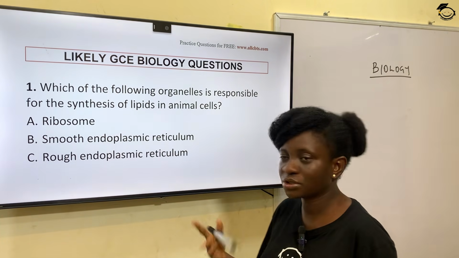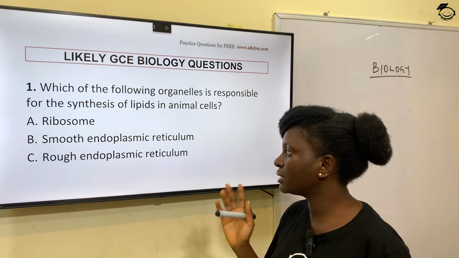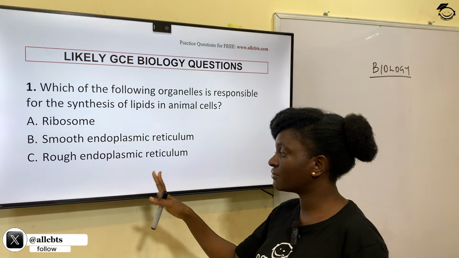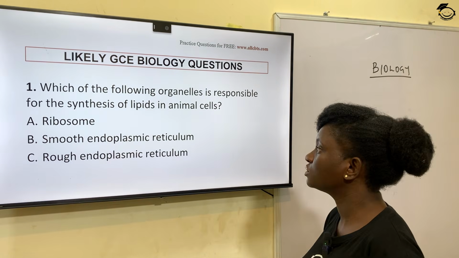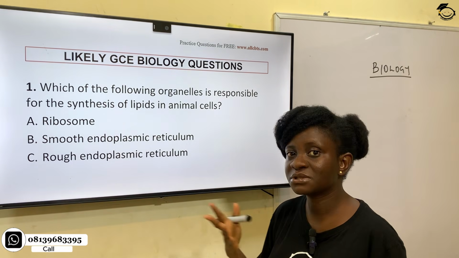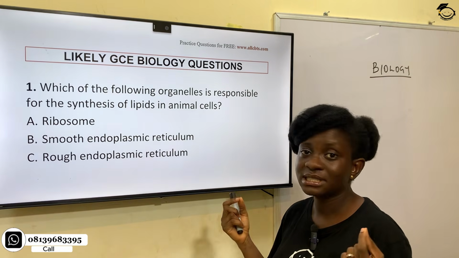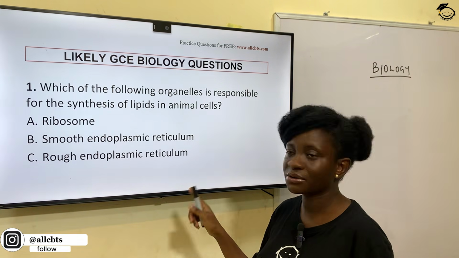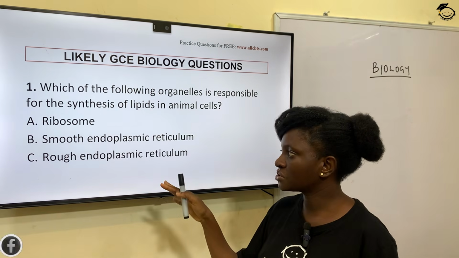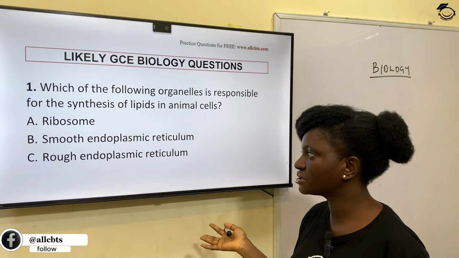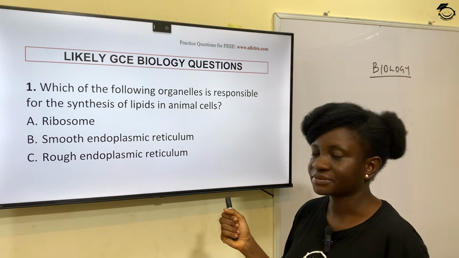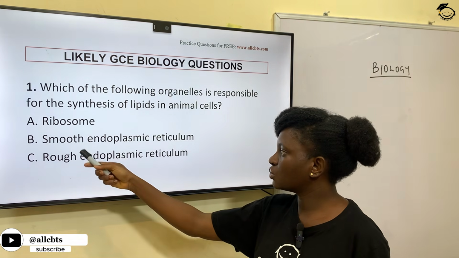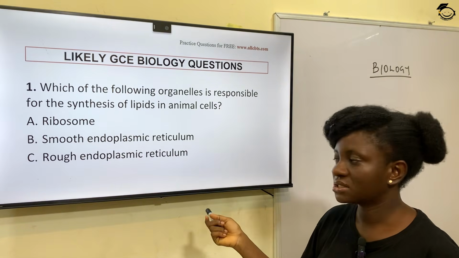We have option A, ribosome, B, smooth endoplasmic reticulum, C, rough endoplasmic reticulum. The option responsible for lipid synthesis is the smooth endoplasmic reticulum, while ribosome is responsible for protein synthesis. So the correct answer is smooth endoplasmic reticulum.